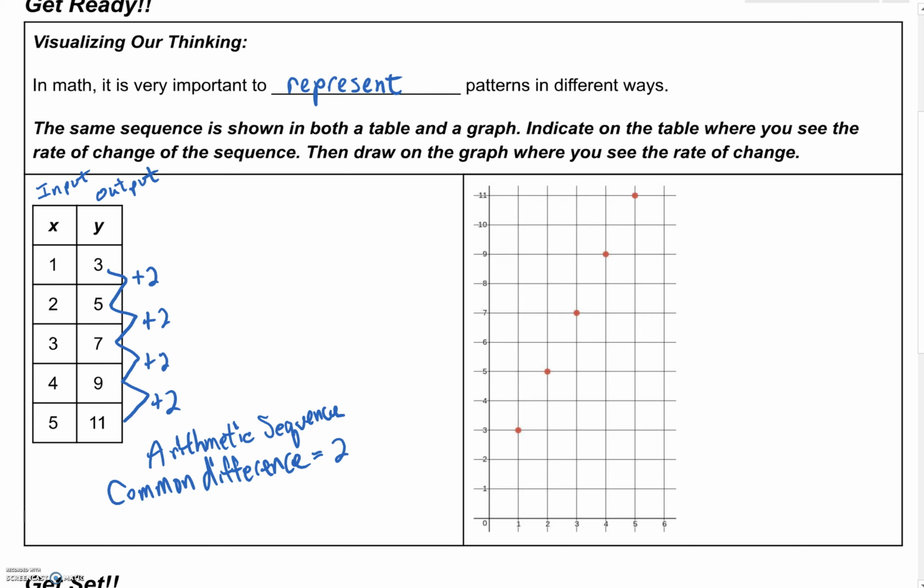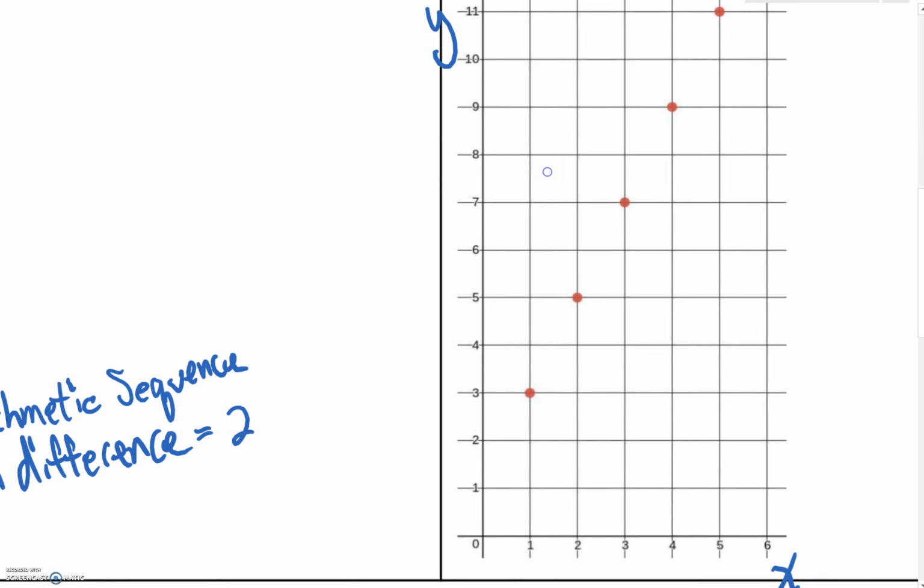Look, we can graph this just as we had 1, 3. That's 1 to the right, up 3. They've given you each of those 5 points plotted out. Now, by the way, we always want to label our axes. We should have an X and a Y there. But guys, look at this. As you're just looking at this, I hope you can see that this first point, how do we get to the second? We're going up. And by how much? Well, you can see that we are adding a 2.